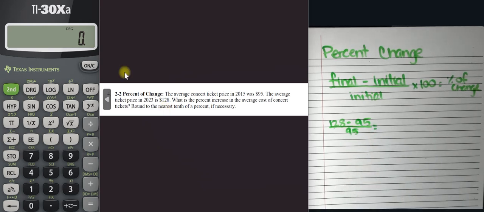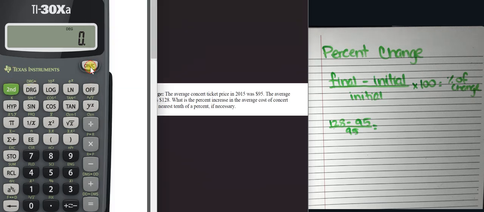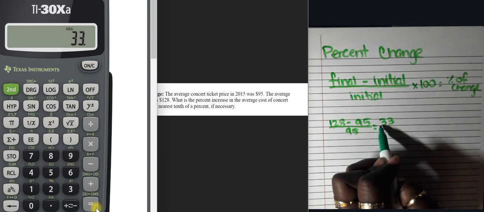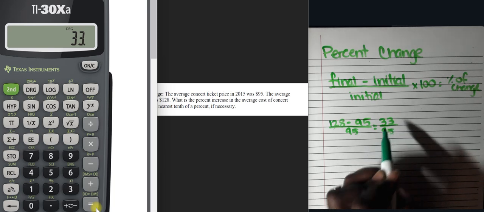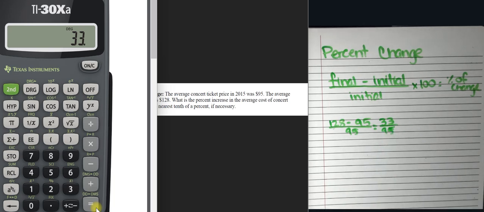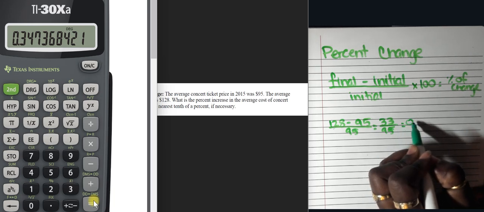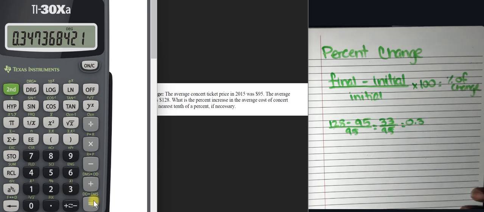So when we subtract 95 from 128, we are left with 33. And then we just need to divide that by 95. All right, so 33 divided by 95 gives me 0.3 and a whole bunch of numbers, right?